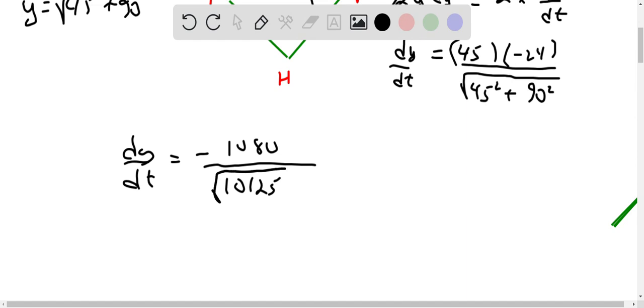That looks to me like you can take out at least 25. Well, I guess you could reduce that, but let's see what that is.